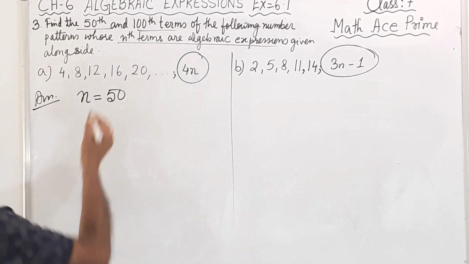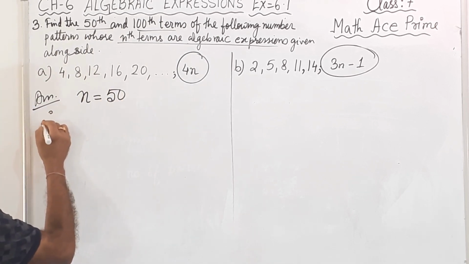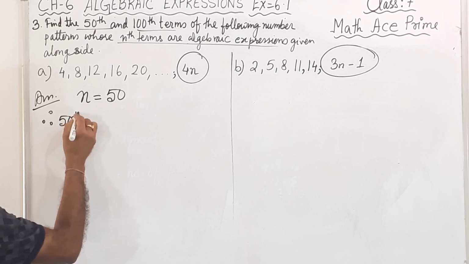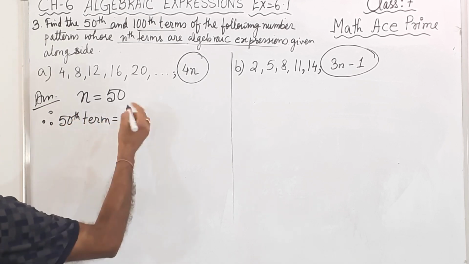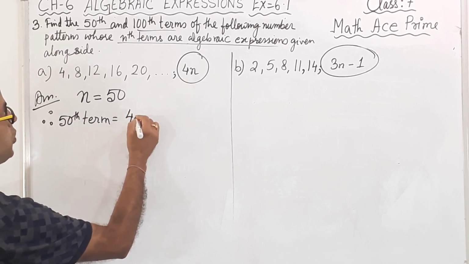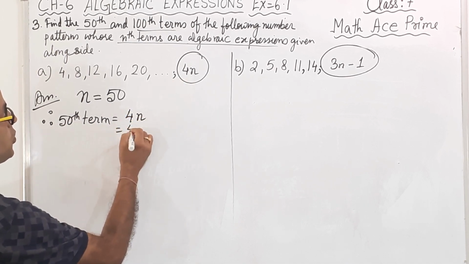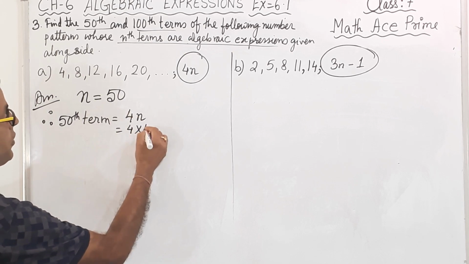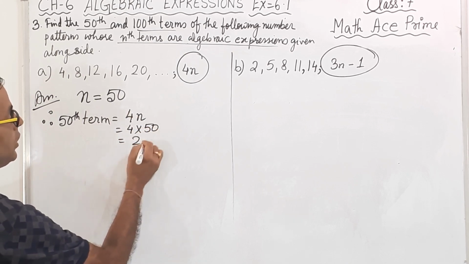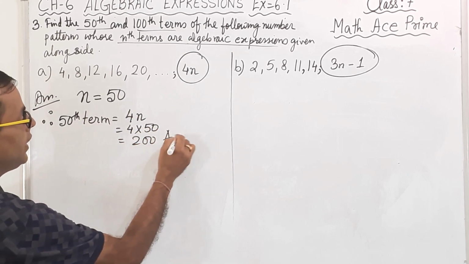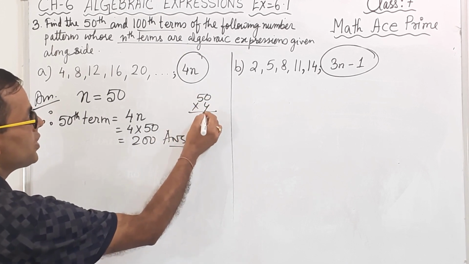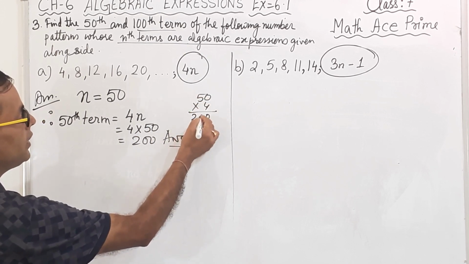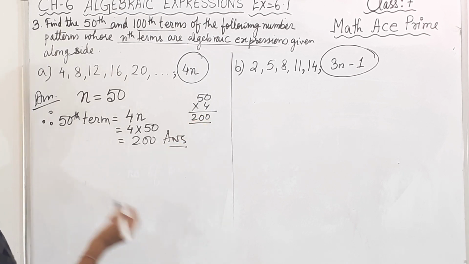Clear, no? So if n is equal to 50, the 50th term will be what? What is the formula? 4n. So 4 into the n value, which is 50. How much do you get? 200, and this is the answer. How? 50 into 4: 4 zeros are 0 and 4 fives are 20. Clear? So 200.